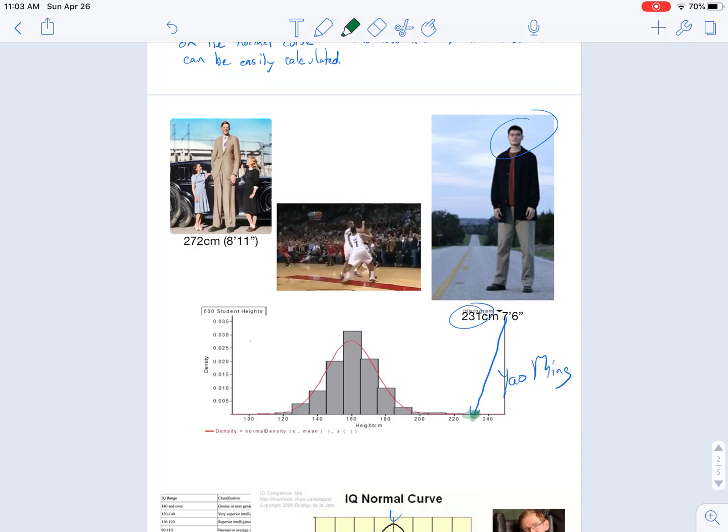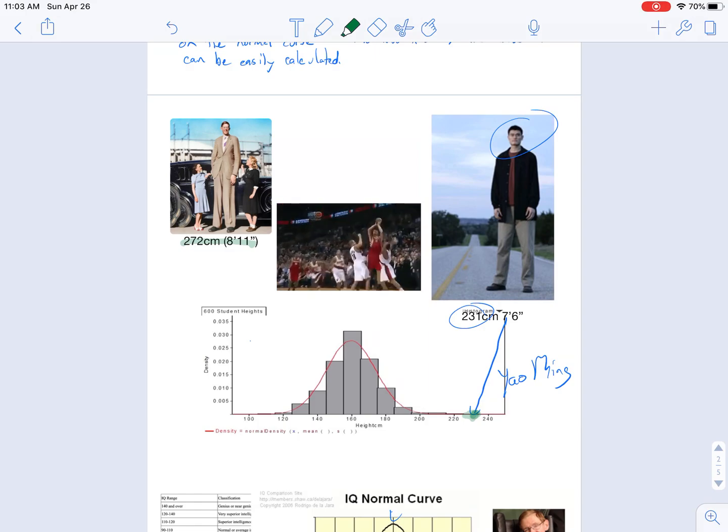The reason is because if you correspond to this curve, there's almost nothing underneath that point. There's no area underneath that curve. So he is probably many standard deviations, maybe 4 standard deviations above the average height, above the mean.